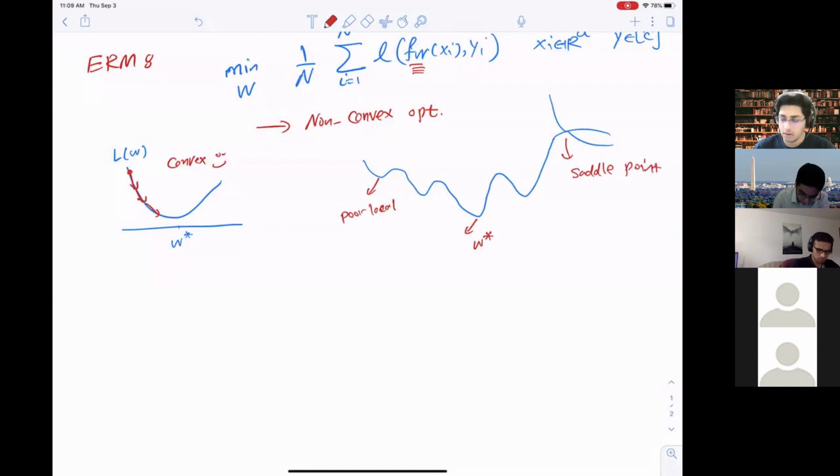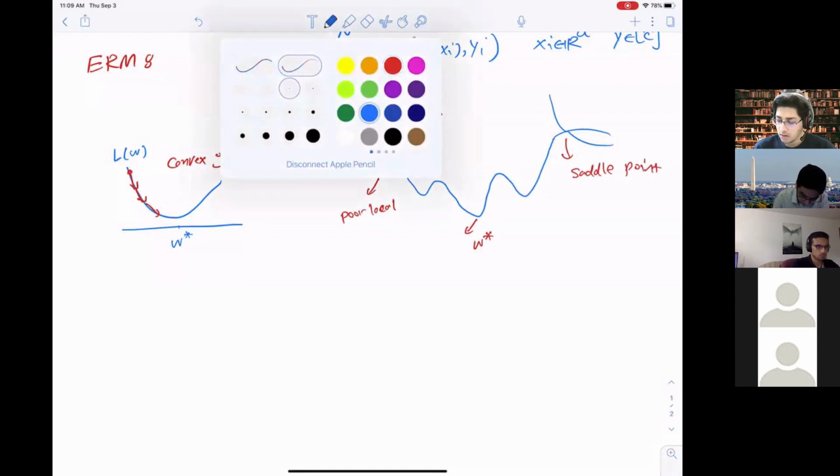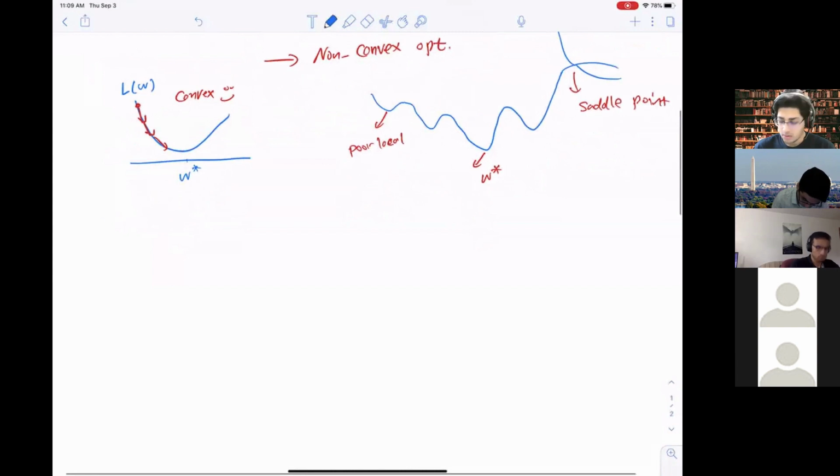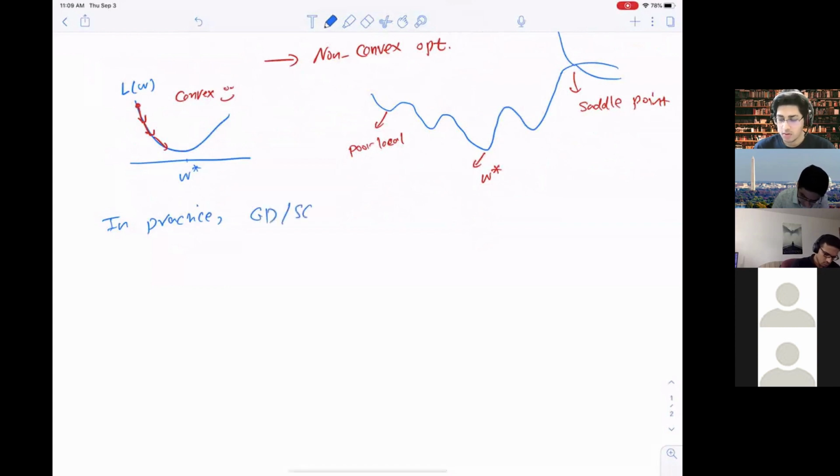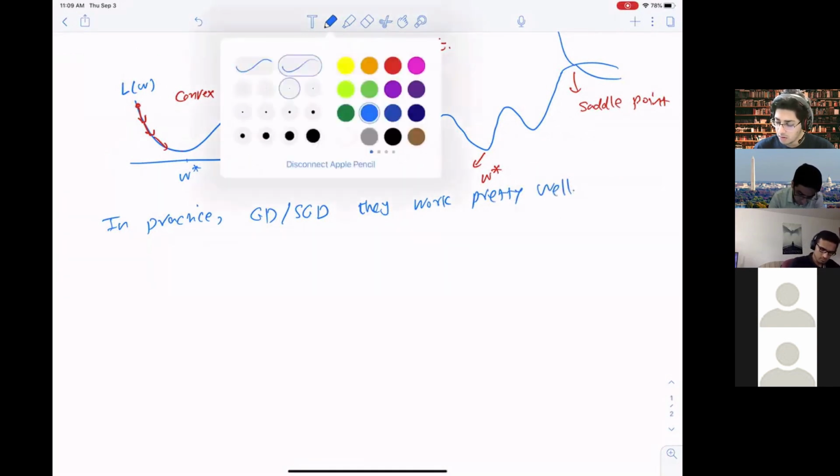Right, but interestingly, in practice, when we run gradient descent or stochastic gradient descent, they work pretty well to optimize deep learning optimization problems. Not always, but in many cases, they converge to pretty good solutions. So the question is why?